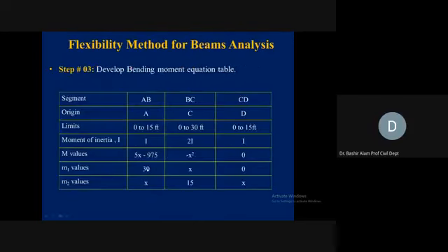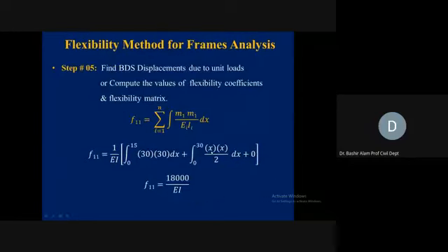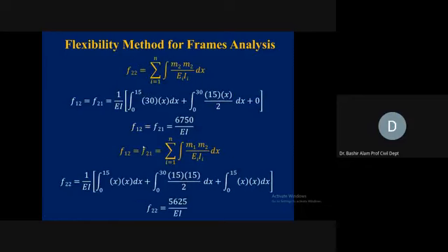This will be x times x, this will be 0 times 0, and the limits you can also see here. So it is 30 times 30, x times x, and 0 for the CD member. You need to practice finding the products, taking the integrals and putting the limits in. It involves a lot of calculations. F11 is calculated as 18,000 over EI.